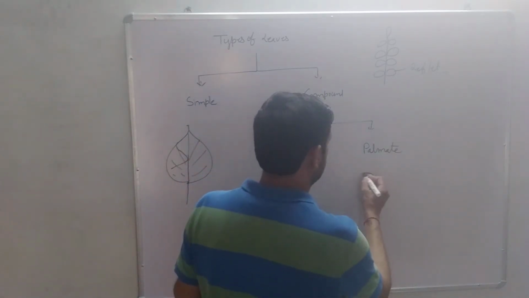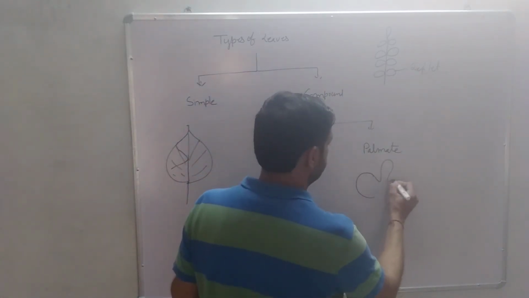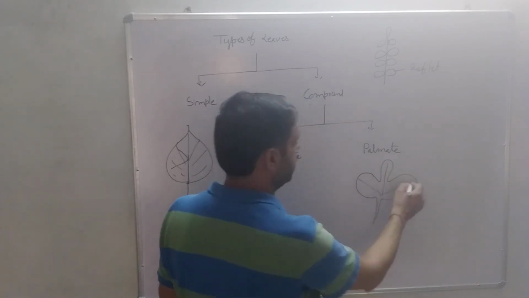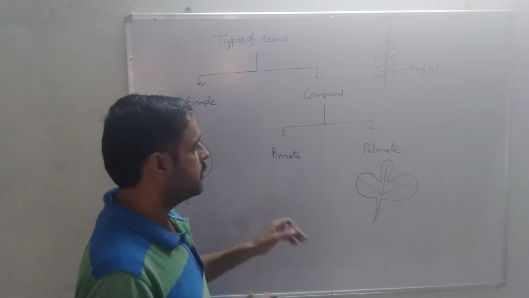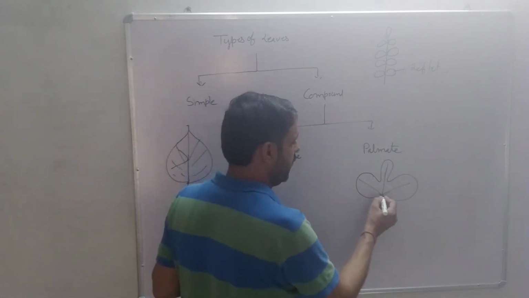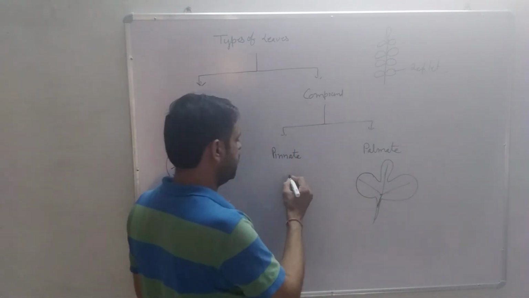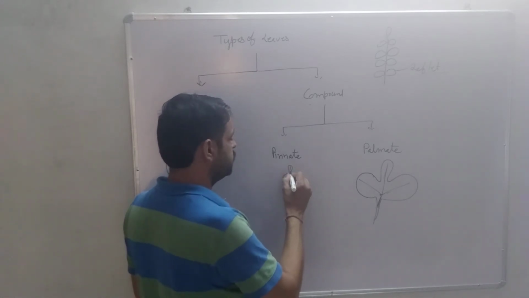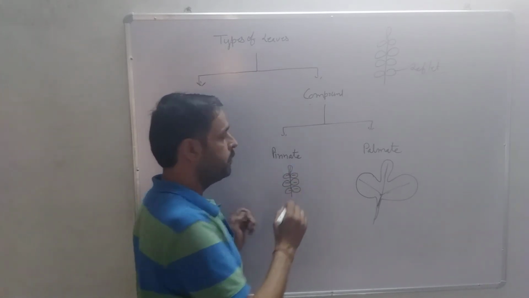Example, you can see this type of leaf. The midrib is divided into three parts, but they are joined at a point. But here the midrib is not joined, so it is called pinnate.